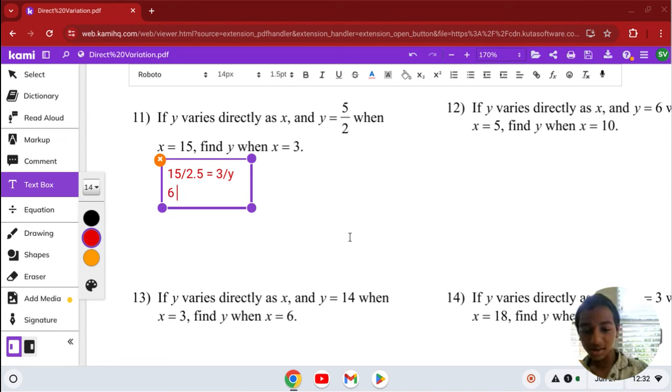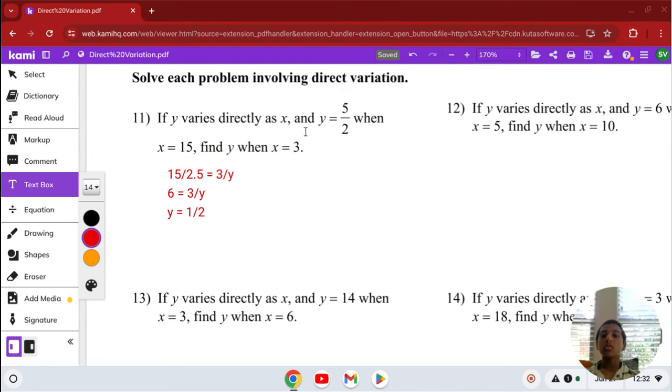So 6 equals 3 over y, giving us that y equals 1/2. So when y equals 2.5 and x equals 15, y equals 1/2 when x equals 3.